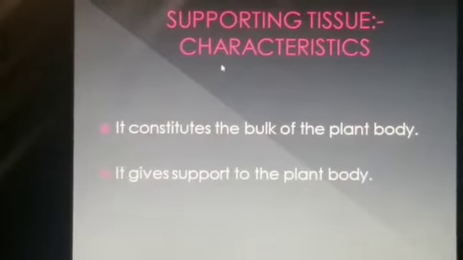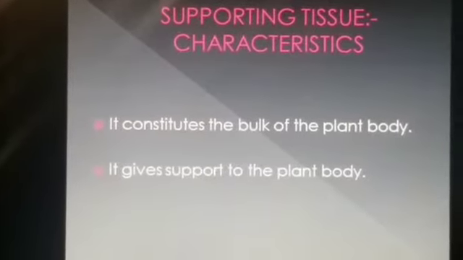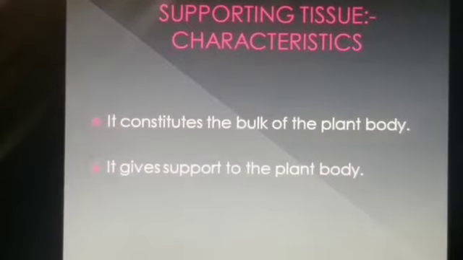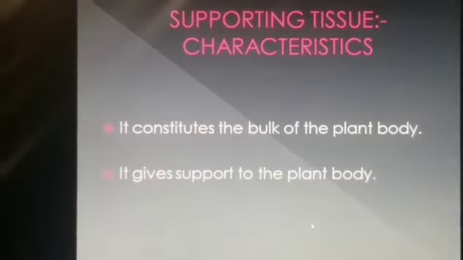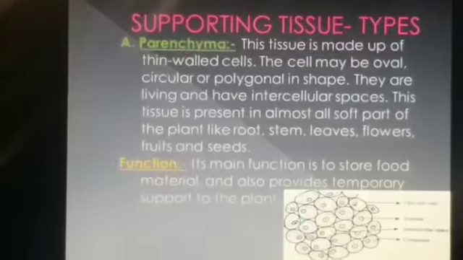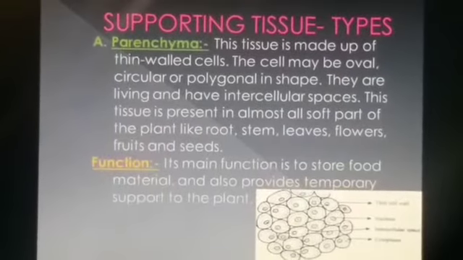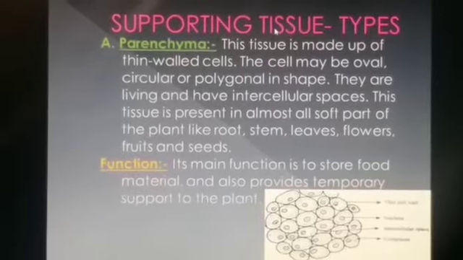After that, I have discussed with you the characteristics of supporting tissues. It constitutes the bulk of the plant body and it gives support to the plant body. Now let us come to today's session. Today I will discuss with you the types of supporting tissues.